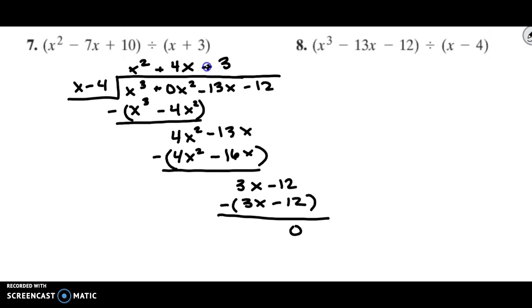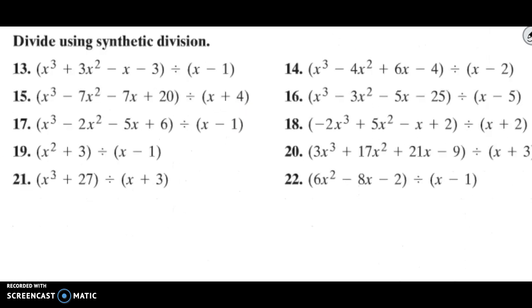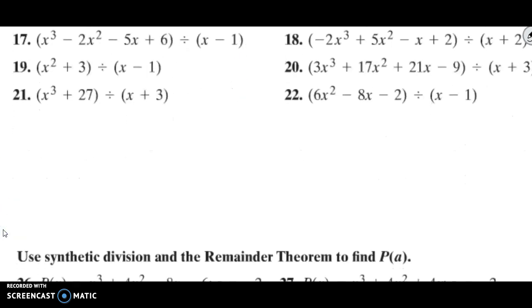Okay, let's look at synthetic division, because we have a question from there. And I'm just going to do 21. So we have x cubed plus 27, divide that by x plus 3.